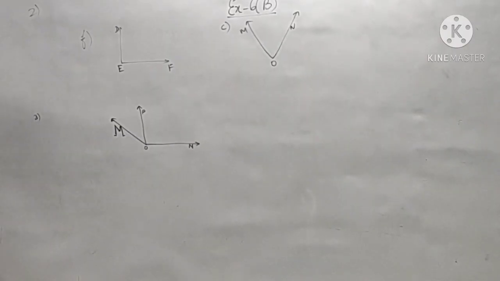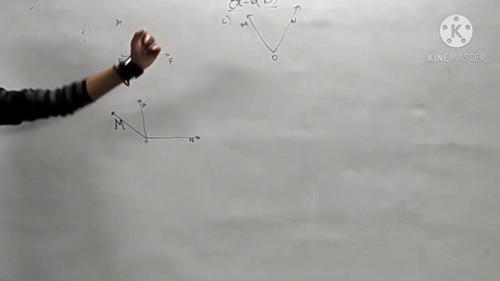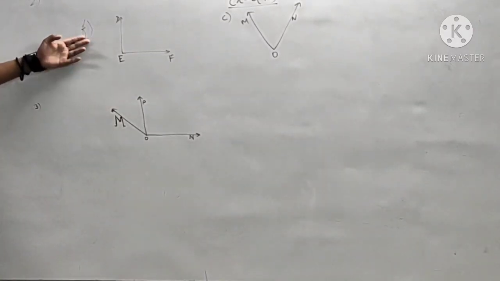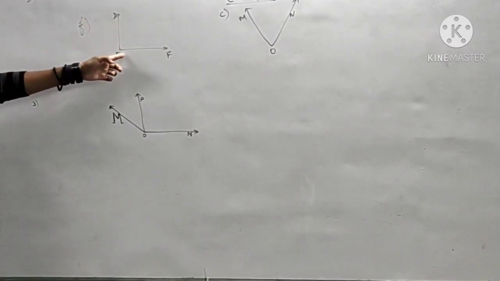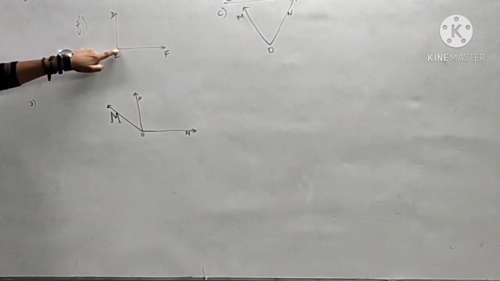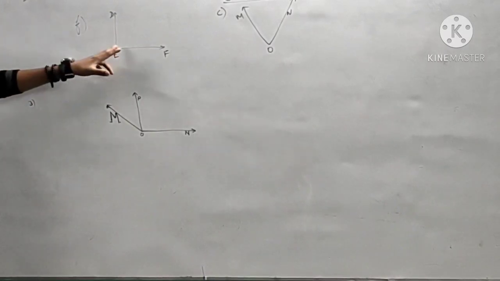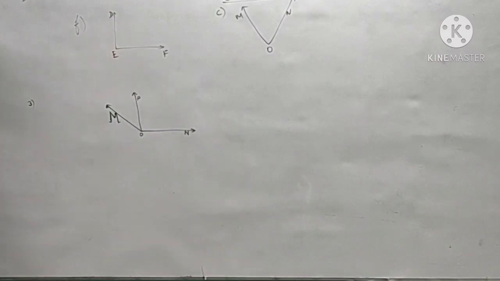Okay, so I am going to do two more questions of it. You see, question number 2 is number F and number C. Now you can see here in number F, there are two arms also. DE is an arm, EF is another arm, and they have a common vertex at E. So that means we have to write E in the middle of it because E is the vertex of this one. Okay, so how am I going to write it?